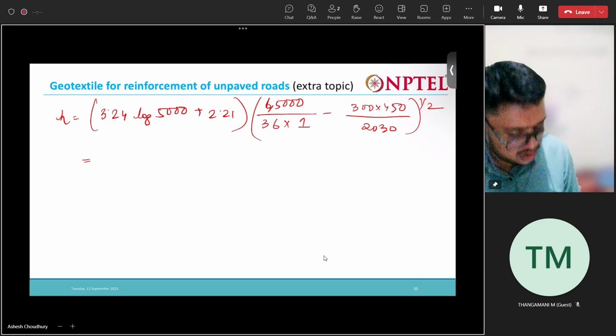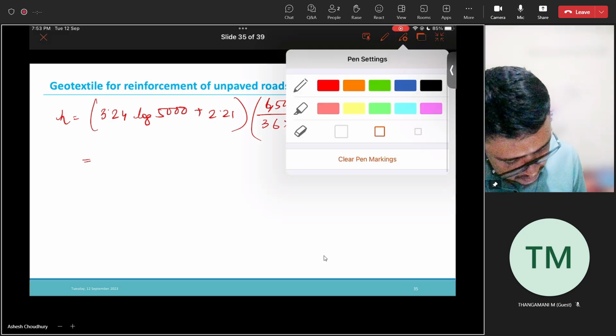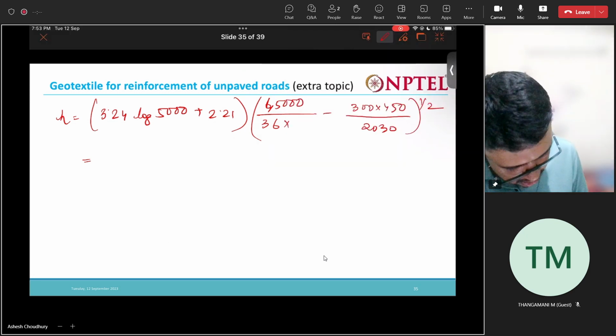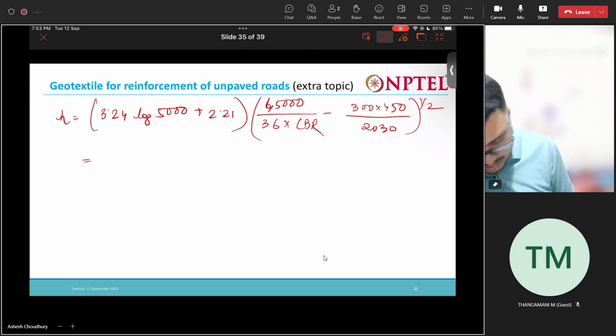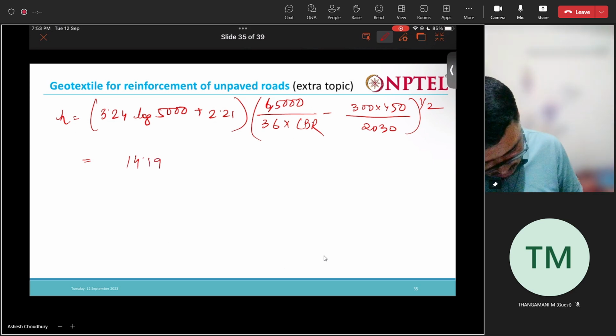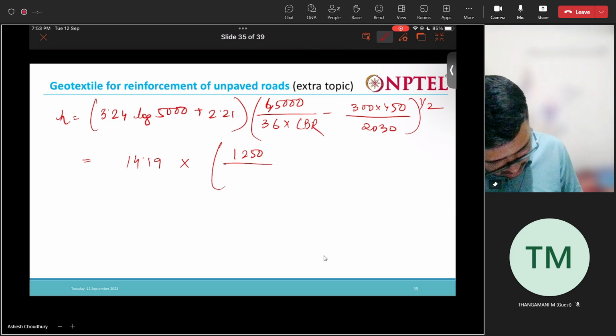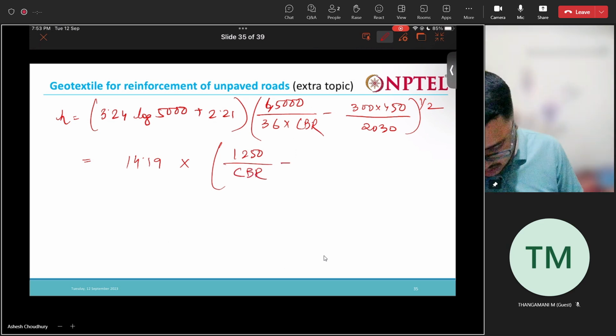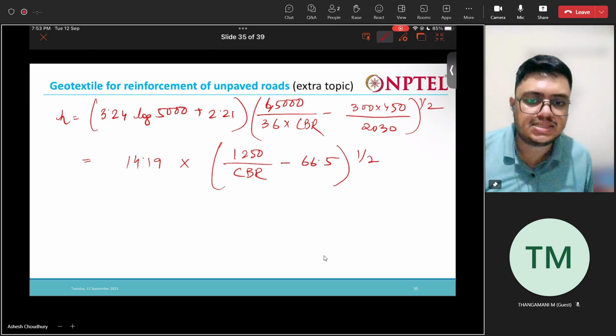Let us not put the CBR now because we need to calculate for both cases. So let us calculate this. Okay, this is the general expression.